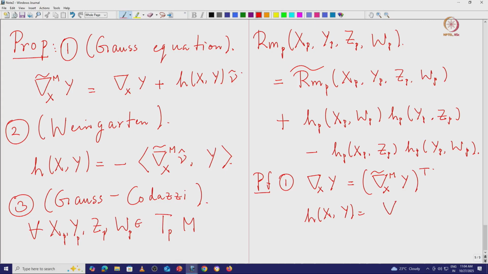By definition, that is simply the normal component, right. So, this times nu hat is simply the normal component, and so when you add these up, you get the entire nabla tilde of y with respect to x. Okay, so that proves the first part.